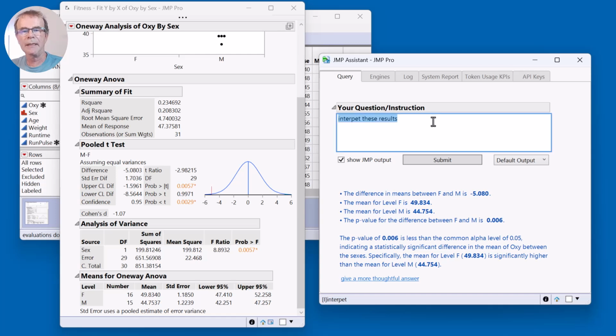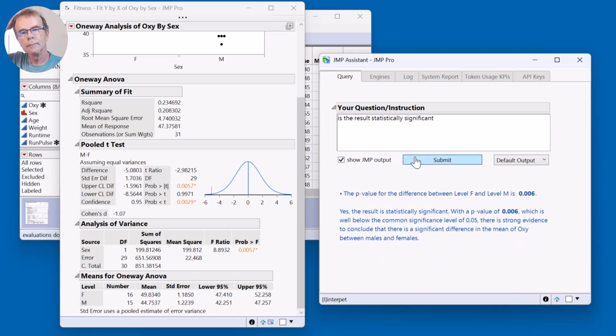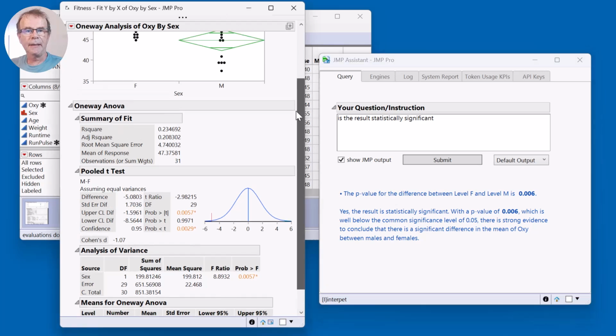And of course, we could have phrased this in different ways. I could have said, is the result statistically significant? And we get the answer. Yes, the result is statistically significant. And therefore, we conclude that there's a significant difference in the mean of the oxy levels between male and female subjects. That's interpretation.